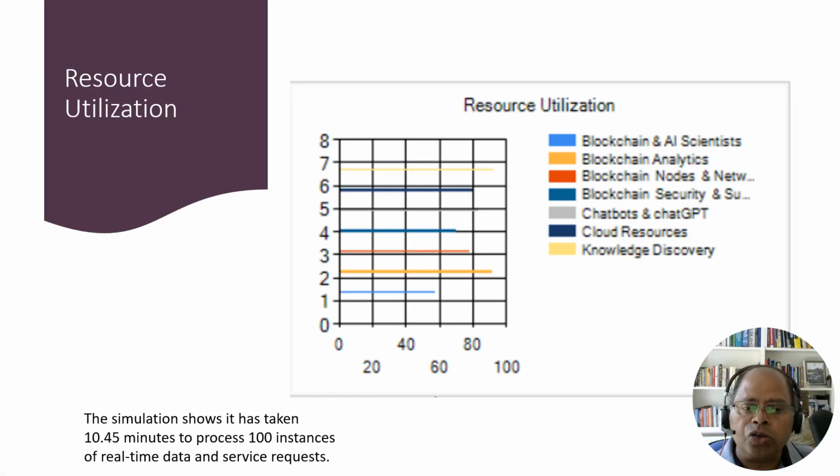So this is a resource utilization diagram which shows how long each instance has taken, and the number of resources it has used, including some blockchain expertise, AI expertise, and so on. So it's quite a quick way of identifying some of the requirements validation.